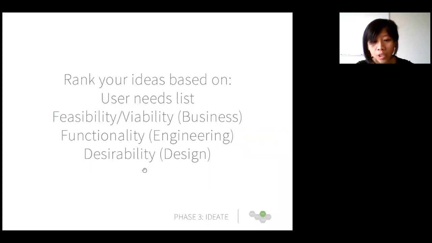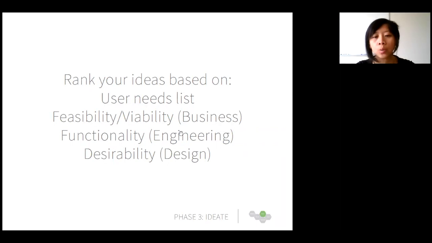And then how desirable is your product? As you can see in the early days, Apple versus Microsoft, you can see clearly that in terms of desirability, in terms of design, Apple won by a landslide, and that's why it became so popular. So give it a rating in terms of desirability as well. And once you have all these ratings, you have multiple ways of deciding how to move forward.